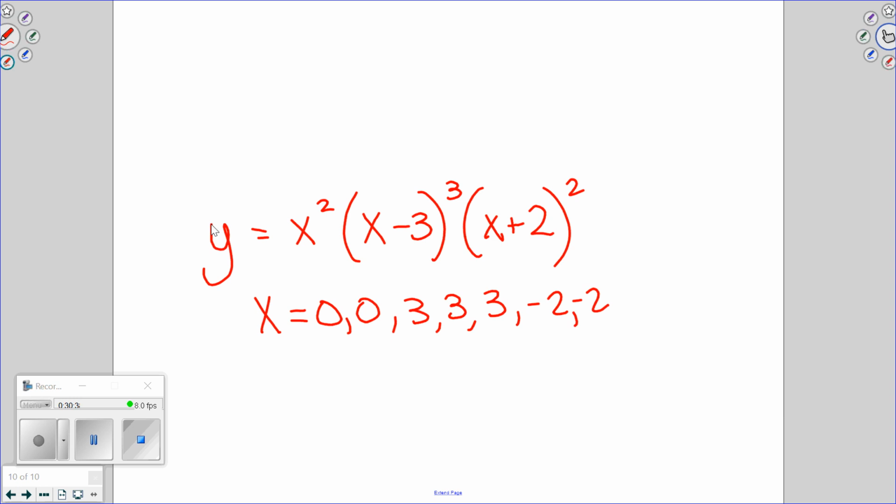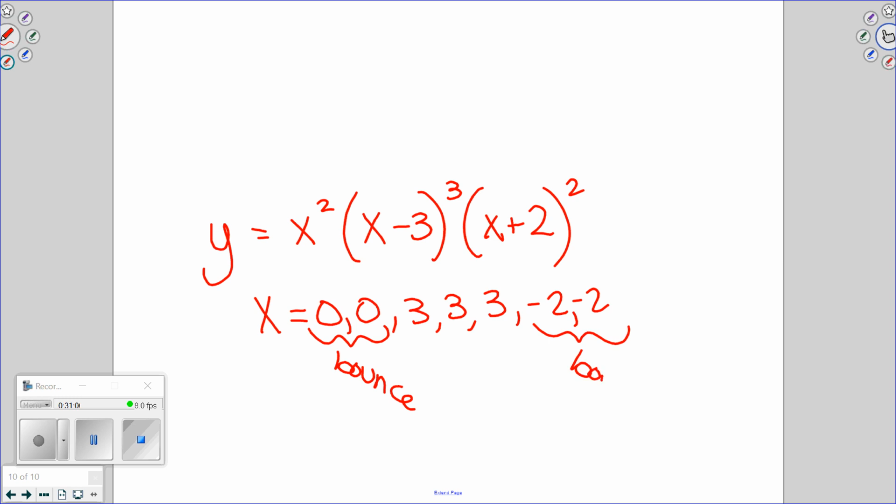Talking about the graph, does it bounce off of any of them? It doesn't bounce off 3. There's 3 of them. So it would bounce off of the zeros, because how many times did it show up? Twice. Twice is even. Does it bounce off the 3s? No, because there's an odd number of them.